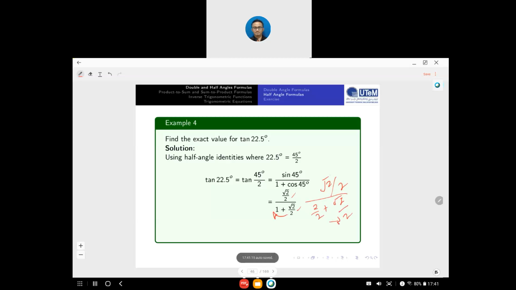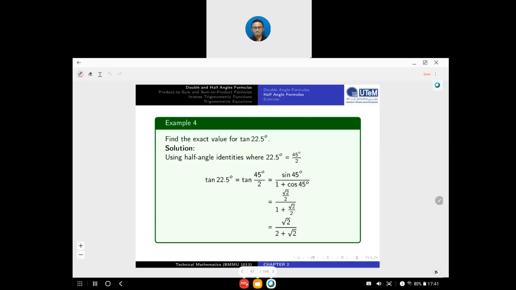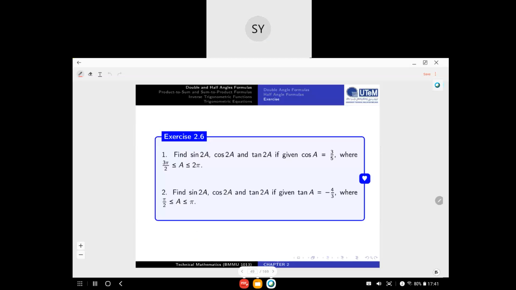Okay, since the denominator is equal, awak boleh combinekan. Okay, so your final answer become root 2 over 2 plus root 2. Okay, any problems? Boleh faham tak? Okay, if you understand, please try this exercise. Try dulu.